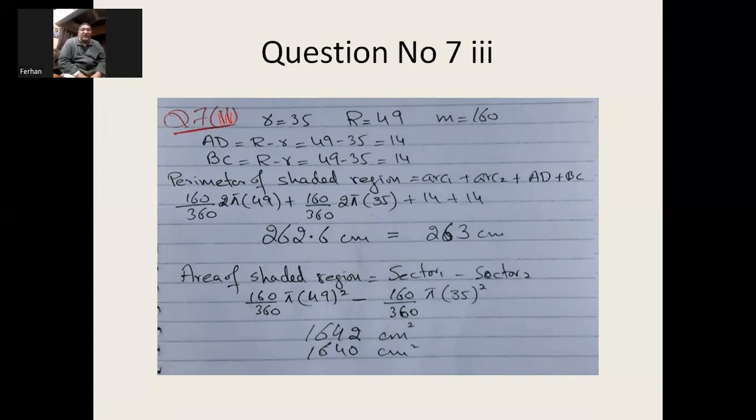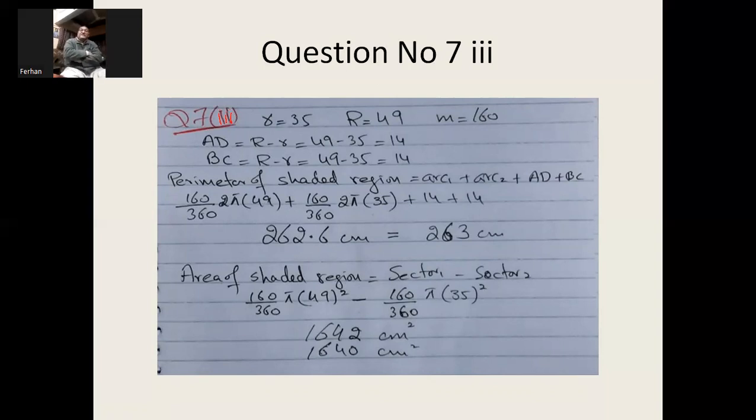Then the question is to find the area of the shaded region. That will be the area of the big sector minus the area of the small sector. So you know the area of the sector, the formula is theta by 360 pi r square. So we'll put in the values.